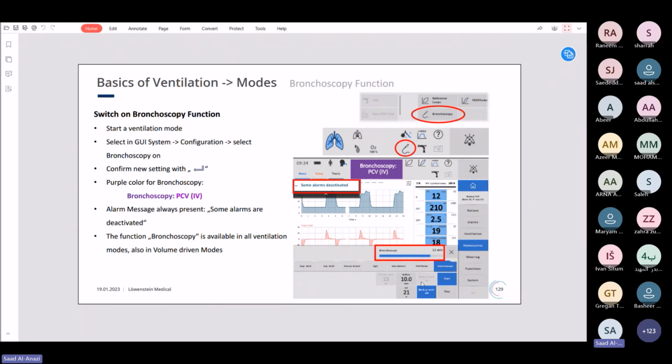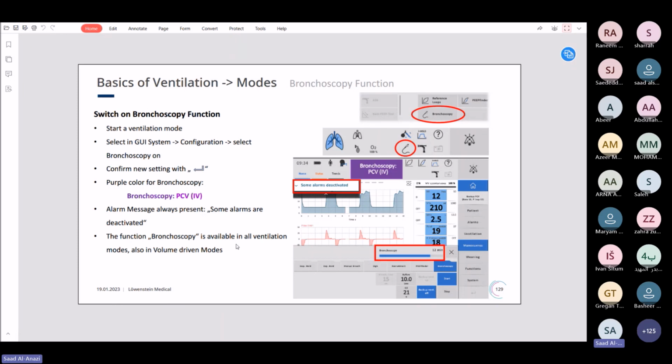What does the bronchoscopy do if you turn it on? With bronchoscopy on, the alarm message will be present, but some alarms are deactivated during the procedure. The patient will get increased FiO2 options. FiO2 increases during the procedure, which helps support the oxygenation. Also, it will do leak compensation for the leak that comes from the tracheostomy or from the endotracheal tube.